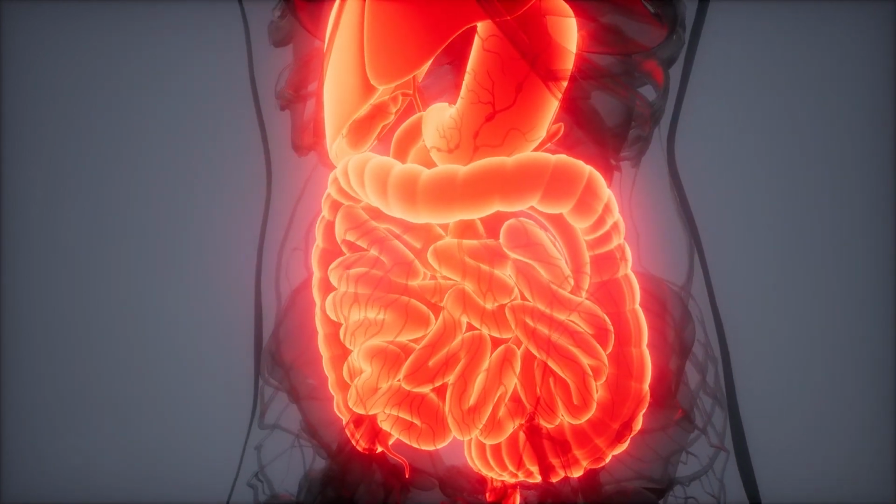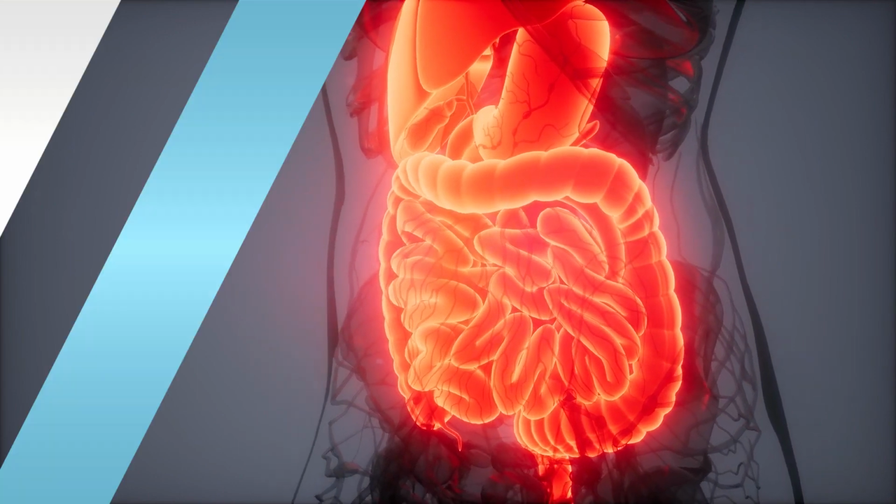So what are the causes of Crohn's disease? Crohn's disease is the result of an amalgamation of genetic as well as environmental factors playing together, causing disease over a few years.